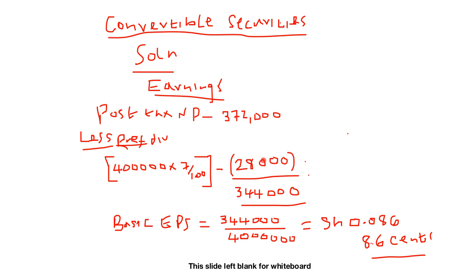So I hope we are clear on the calculation of the basic earnings per share, unless there is a question. Okay, if there is no question, then we can now move to part B of the question, the diluted earnings per share.